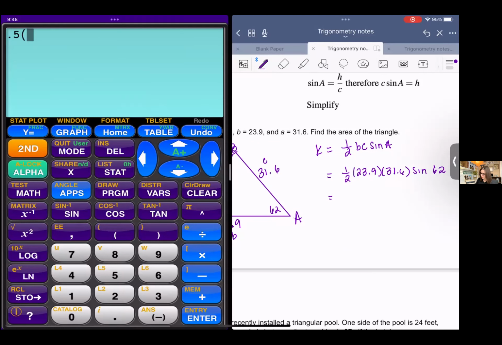So we have 1/2 times 23.9 times 31.6 times sine of the included angle. And we get an area of 333.42.